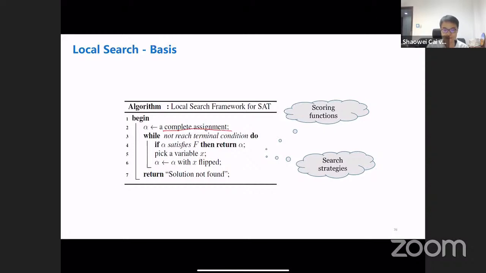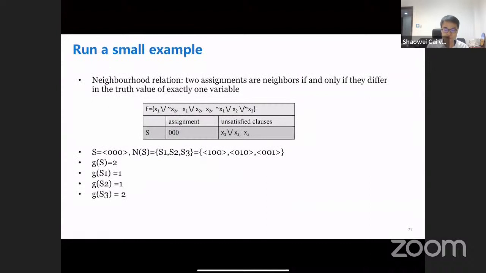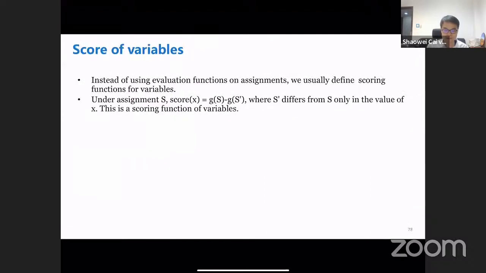In local search, there are two pillars: the scoring function and the search strategy. In the concepts, we introduce an evaluation function to evaluate the complete assignment. But when we implement the algorithm, instead of using an evaluation function, we define a scoring function for variables, which measures the benefit of flipping a variable.